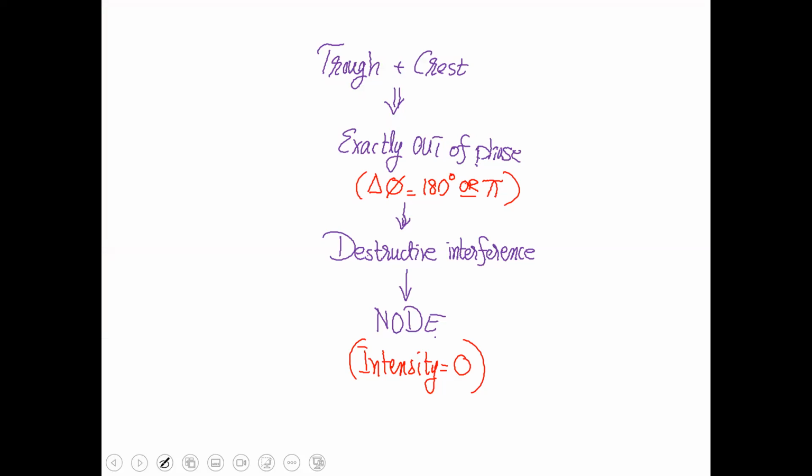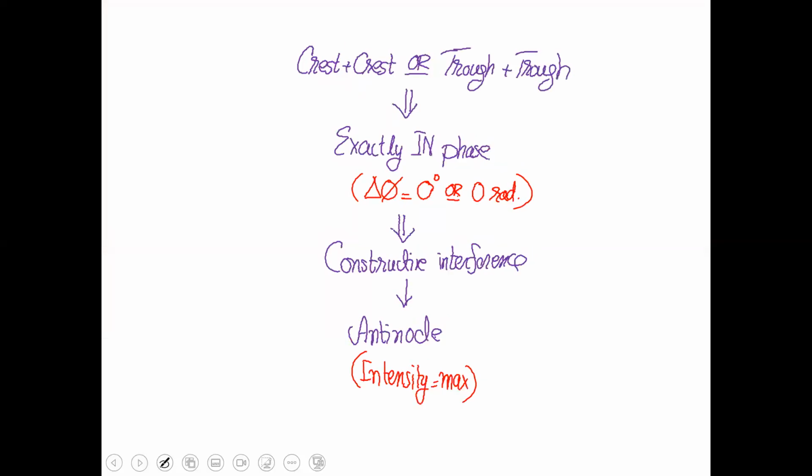Now this is a very helpful concept map. Trough plus crest gives you exactly out of phase, destructive interference, and a node. This is crest plus crest or trough plus trough. Look at what is formed here: it's constructive interference and it is a case of antinode. Intensity is maximum.